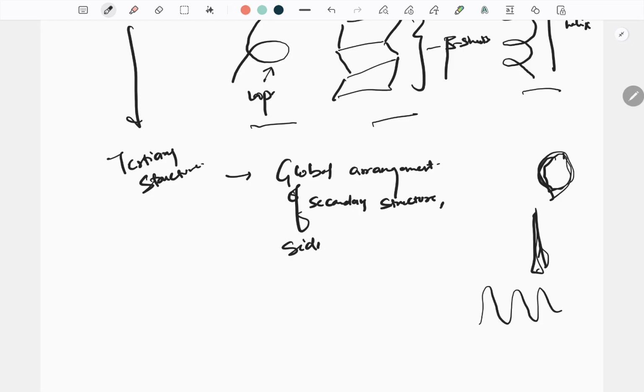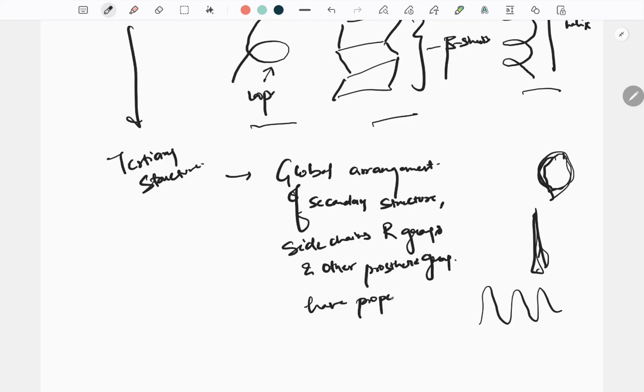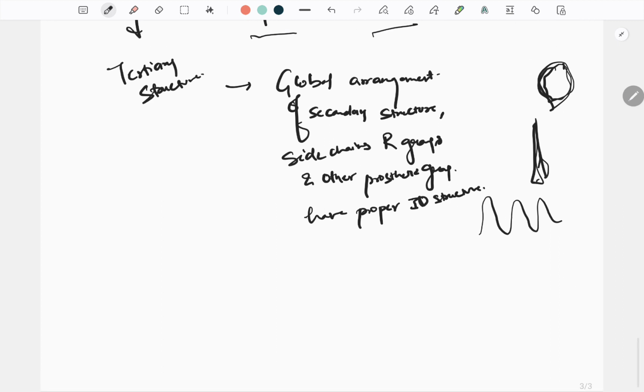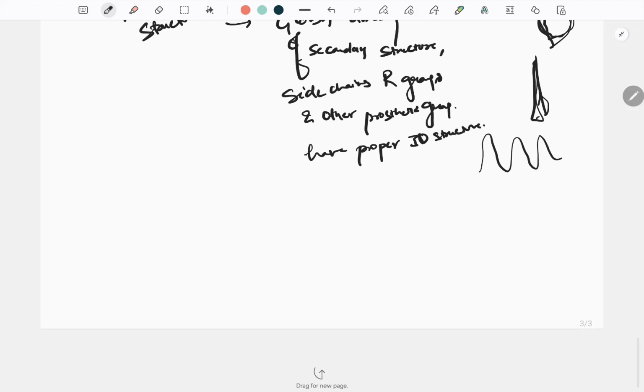So here the side chains, which are R groups, and other prosthetic groups have a proper 3D structure. Okay, if it is one single protein, it will have only the tertiary structure, and if it is a community of multiple proteins, it will form the quaternary structures.